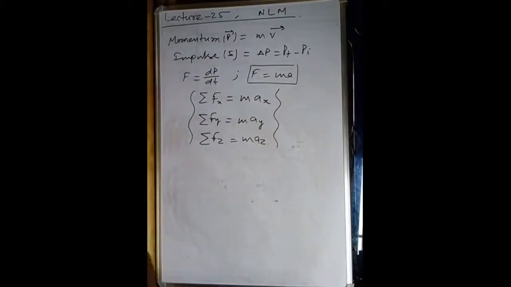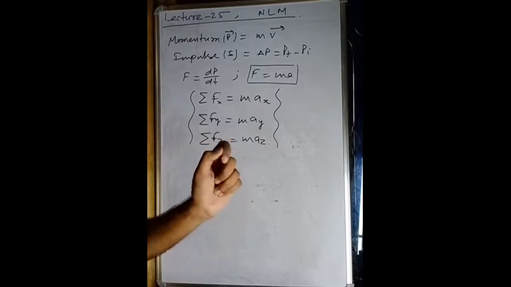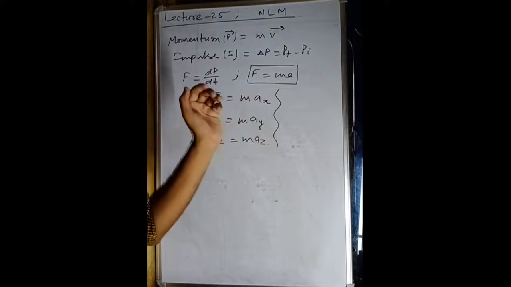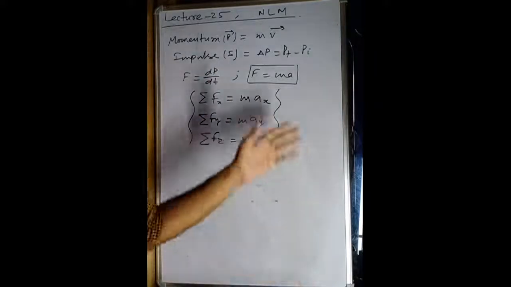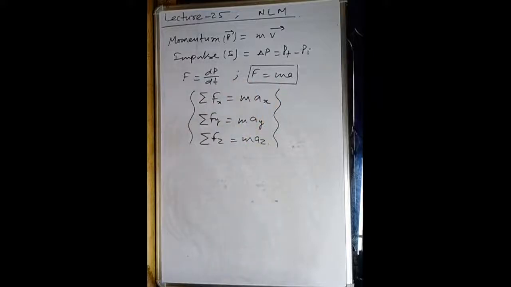We will also study it here, but before that, let me give you a very simple clip that will explain the concepts of linear momentum and Newton's second law, that force equals mass times acceleration. So let's see that clip.